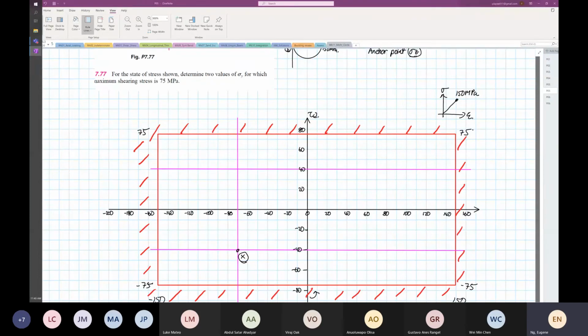I don't know. This is just a sketch. So one of them can be here, then the other one. By the way, this line I'm drawing now is not accurate. This is just a sketch. Okay, so I'm going to wait. Hold on.